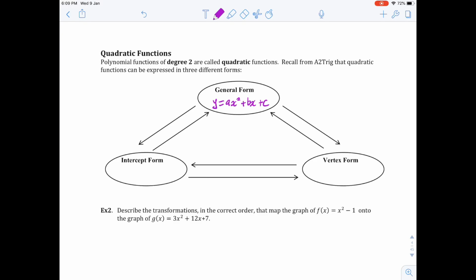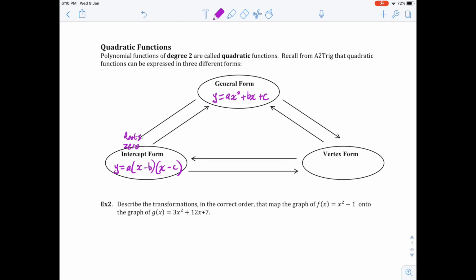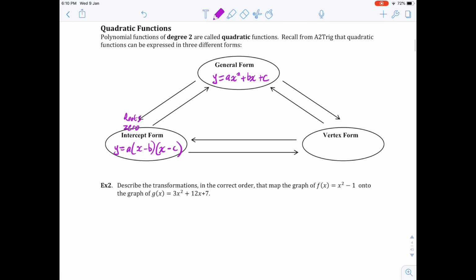Our intercept form, or zeros, or x-intercepts, or roots, they're all the same thing. It's where the function cuts the x-axis, where y equals 0, and so that's going to be in the form a times x minus b times x minus c, where b and c represent the x coordinates where the function passes through the x-axis.